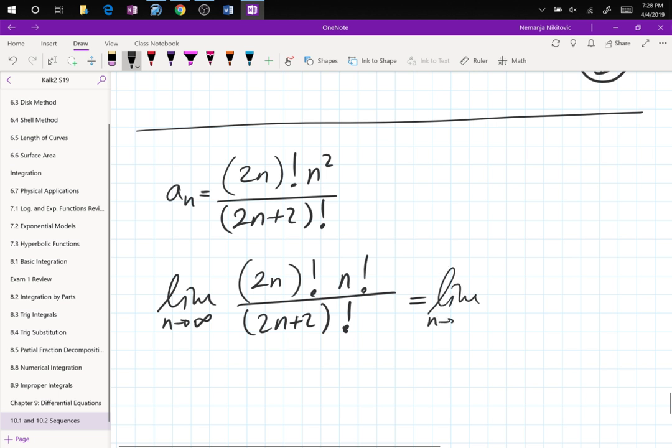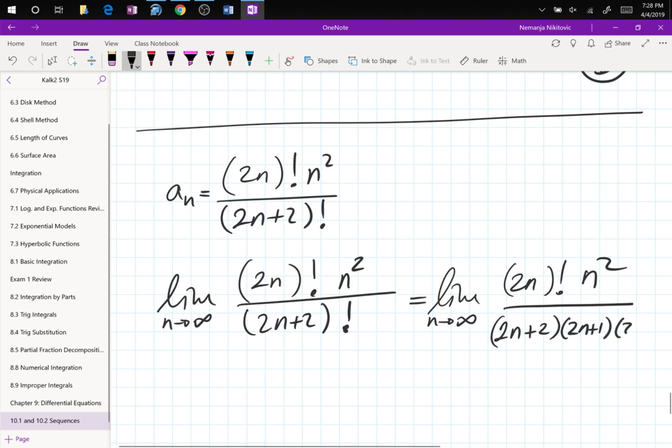Limit as n goes to infinity. There is nothing to do in the numerator. Oh, this is supposed to be n squared, not n factorial. Hold on. N squared, divided by, now I have to peel off 2n plus 2. Then I get to peel off 2n plus 1. And then I'm left with 2n factorial.